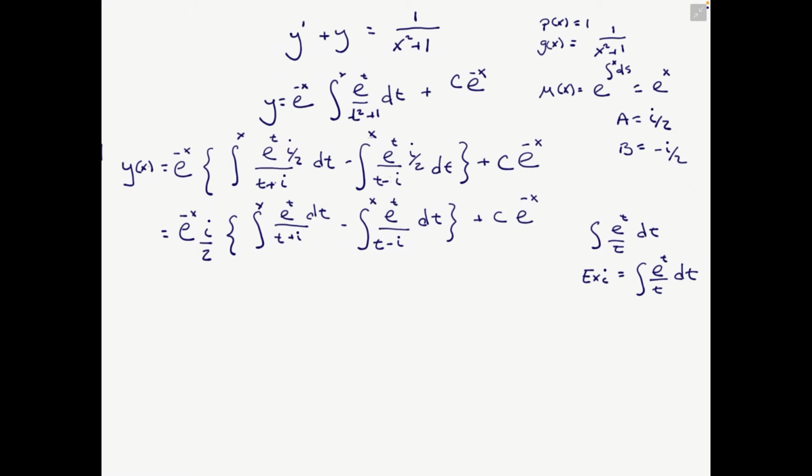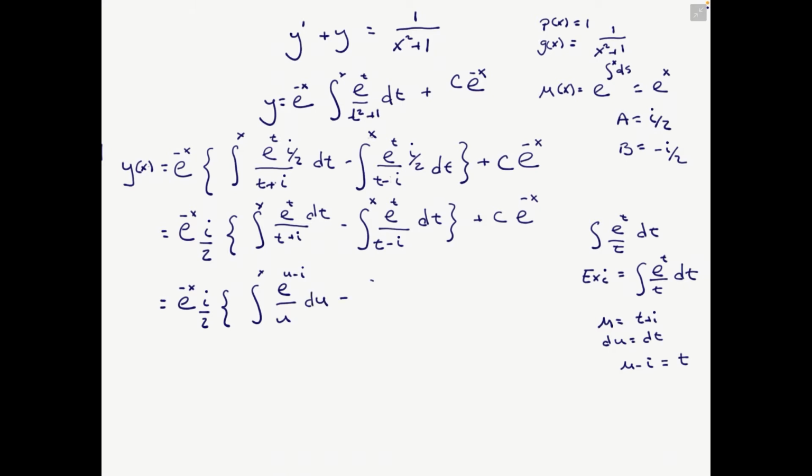If we use a u substitution, so let's say u equals t plus I, and du equals dt, we have e to the negative x I on 2, and so u minus I equals t, and therefore we have x e to the u minus I on u du.